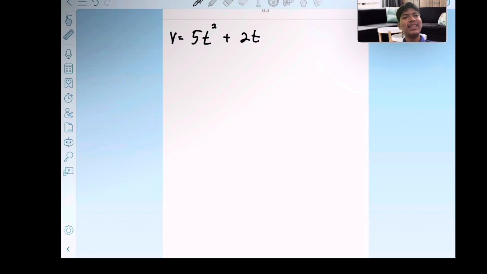So we know that this velocity equation is the Taufik equation, Taufik's velocity function, which is v equals 5t squared plus 2t. First, we must know the kinematic linear motion law. First, we have the displacement, the velocity, and then the acceleration.